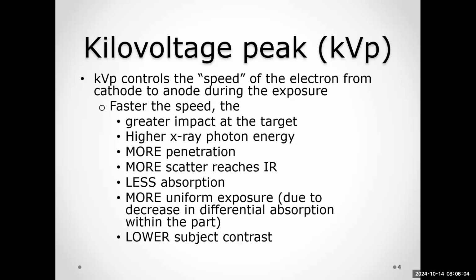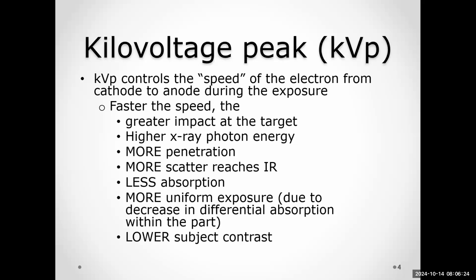So remember, differential absorption is one of those definitions you've just got to know, and it basically just means that body parts absorb radiation differently, depending on their atomic number, their tissue density, the thickness of the part, all of those things.